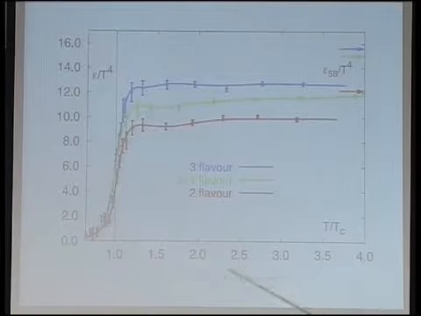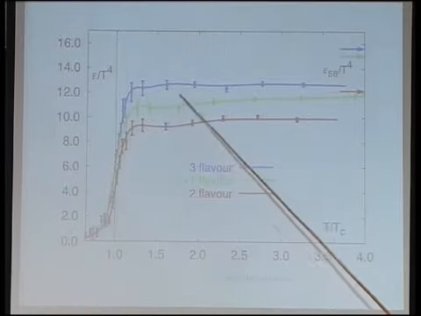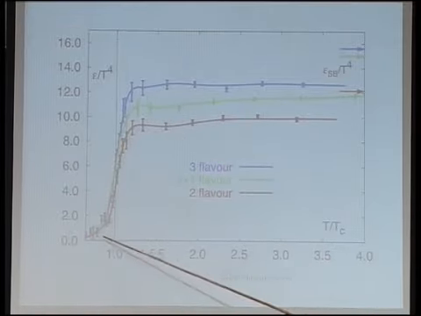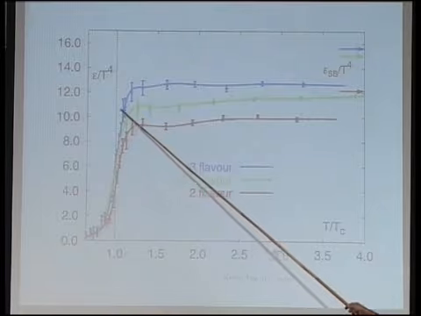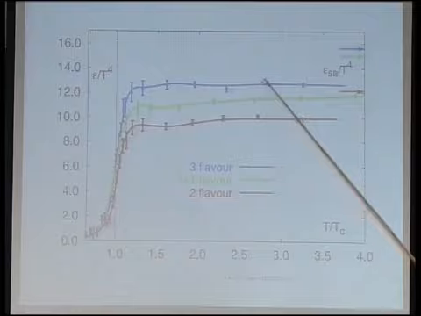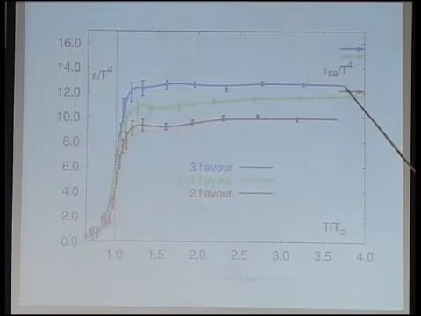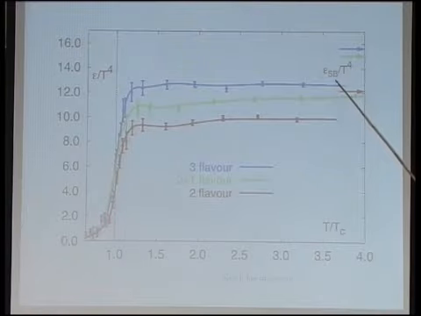And what you see is that there is a very, very rapid crossover in which the energy density, for example, increases very quickly, and then just above the deconfinement temperature, it stabilizes at a value that's equal to about 80% of the value for a free gas of quarks and gluons.